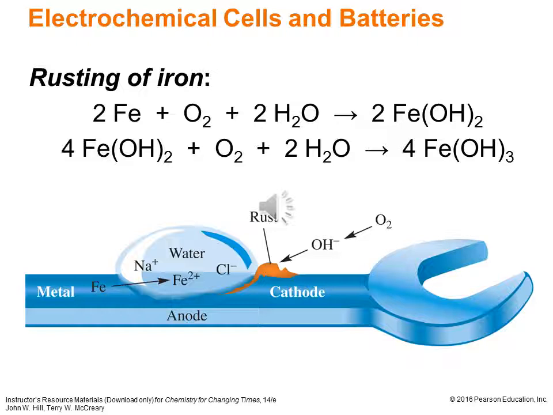What tends to really enhance this process and speed it all along is the presence of salts, in particular sodium chloride in our region, because that's the salt we spread on the road in the winter.